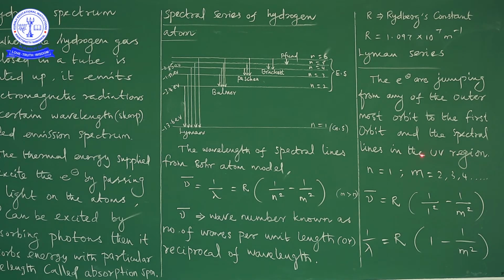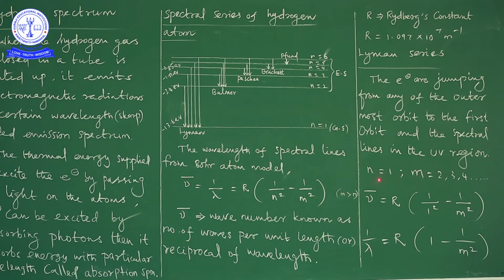So wherever the spectral lines are present in the ultraviolet region, that series is the Lyman series. How is it possible? The electron must travel from an outer orbit to the first orbit. So when the electron jumps from an outer orbit to the first orbit, we call it the Lyman series.